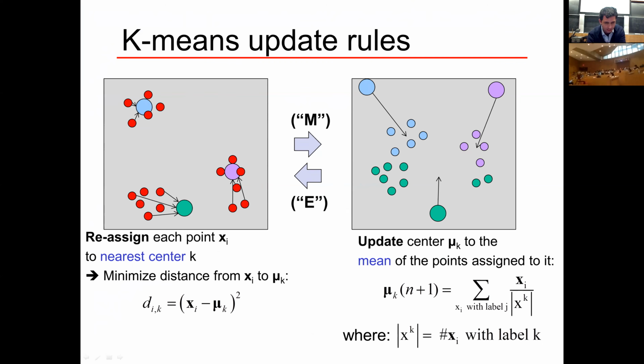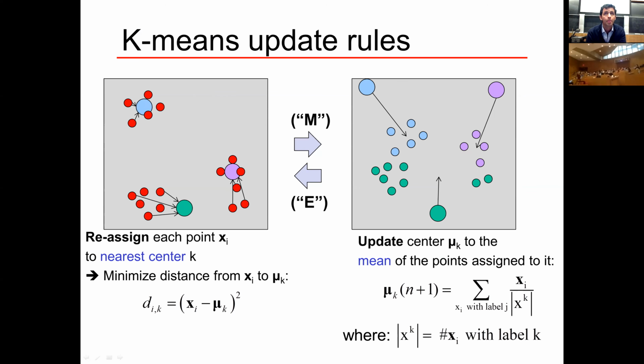When we're reassigning every point x_i to the nearest center k, what I'm basically doing is minimizing the distance between that point and that centroid. So I'm minimizing this distance, d_ik, between point i and centroid k, which is simply the Euclidean distance between the 20,000 dimensional vector x and the 20,000 dimensional vector mu, the difference between them squared, which is a good measure of distance, basically.